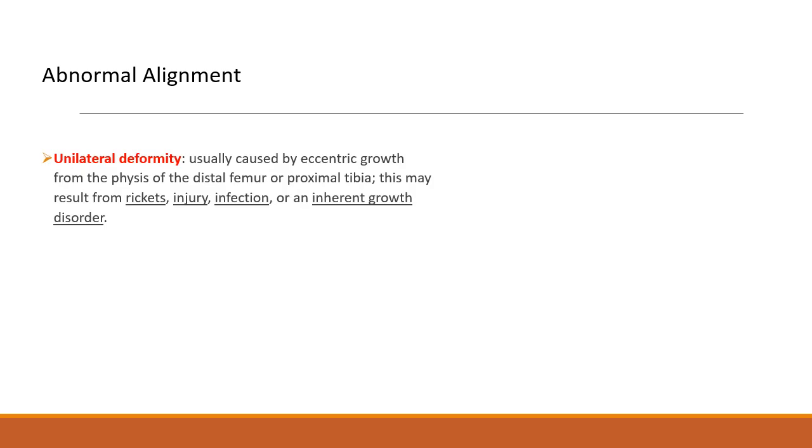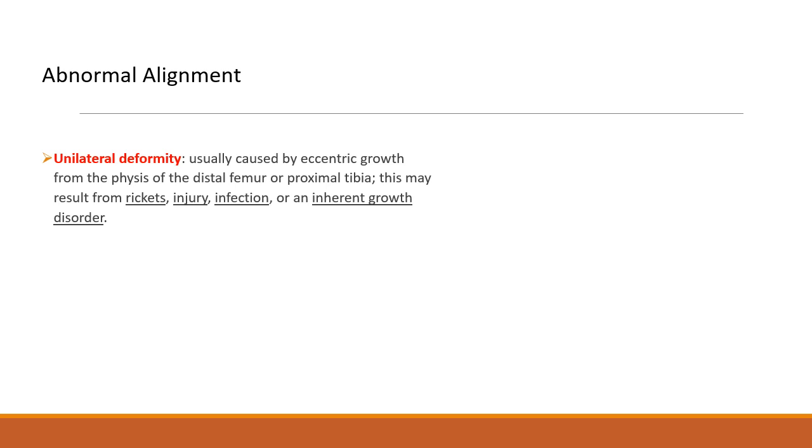When do we consider an abnormal alignment a pathological one? If the deformity is unilateral and asymmetrical, then this is considered an abnormal malalignment. This could happen at the proximal tibia or the distal femur to affect the knee joint.